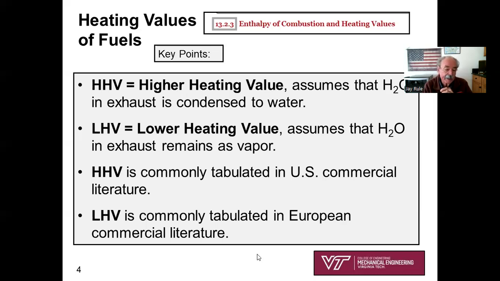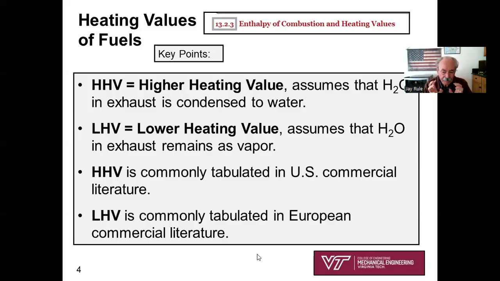It turns out that HHV, the higher heating value, is commonly tabulated in commercial literature from the United States. It turns out that lower heating value is commonly tabulated in commercial literature in Europe. That kind of blows my mind.